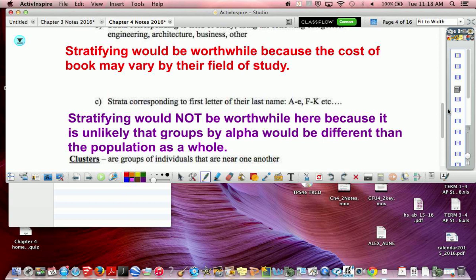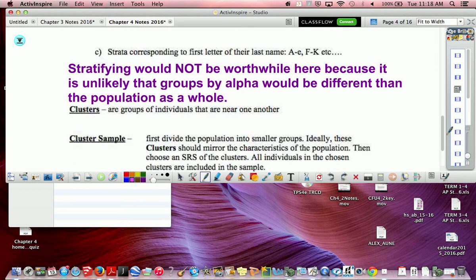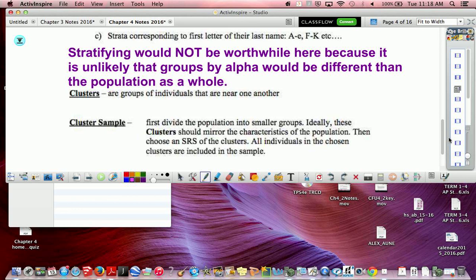All right, another type of sampling is called clustering. Clustering is where we take a sample of individuals that are near each other and have the same type of qualities or characteristics.